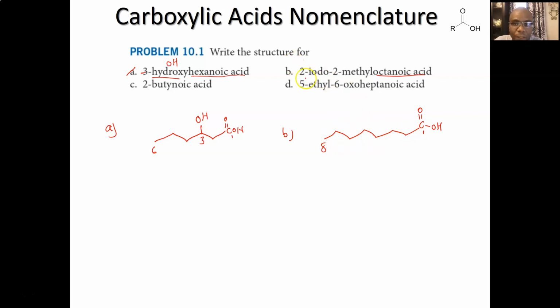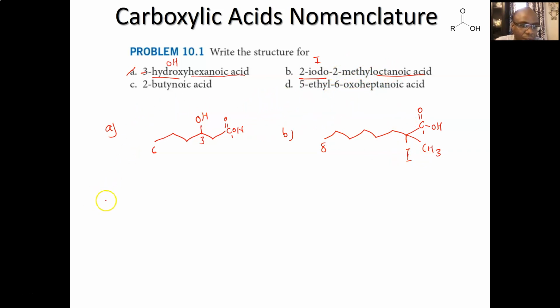Okay, I have 2-iodo. So the iodine is on the 2nd carbon. So it should be here. That's my iodine. The methyl is on the 2nd carbon. So that's my methyl. And that takes care of it. 2-iodo-2-methyloctanoic acid.